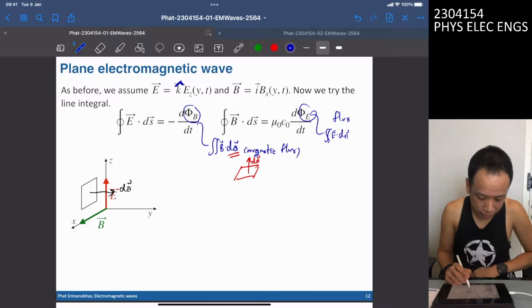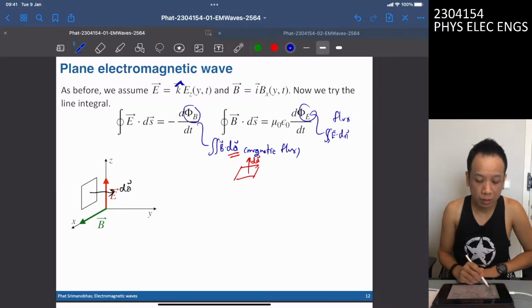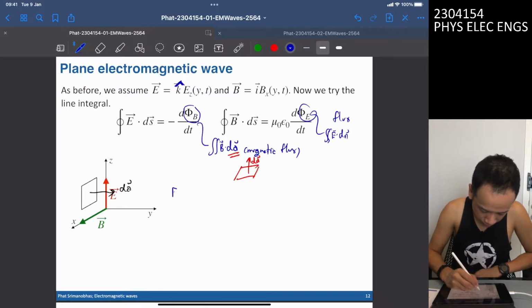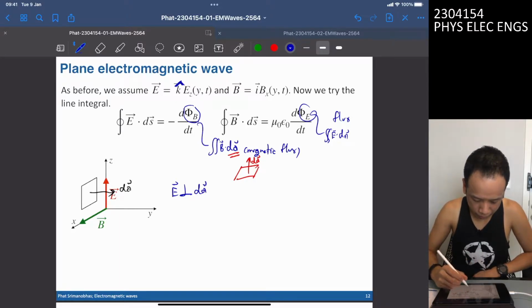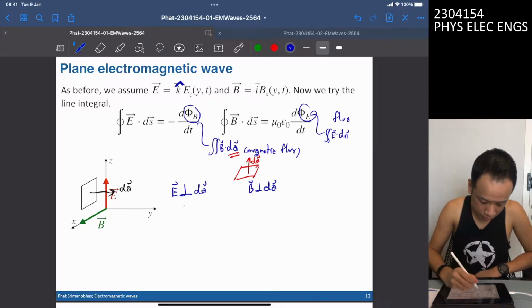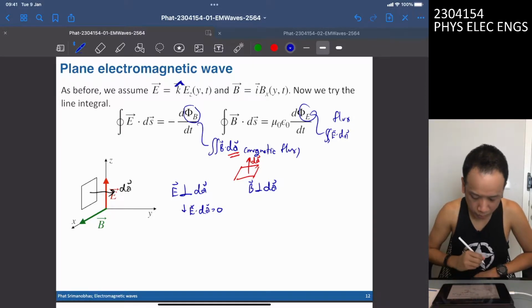Why? Because the E field is perpendicular to the vector of the plane, and also B is perpendicular to the vector of the plane. So E dot dA equals 0.